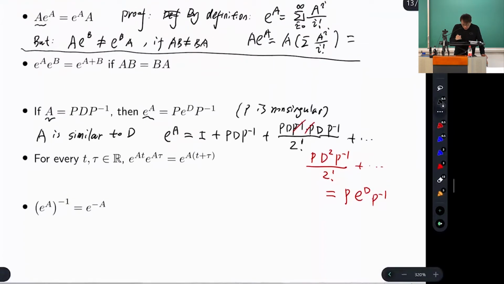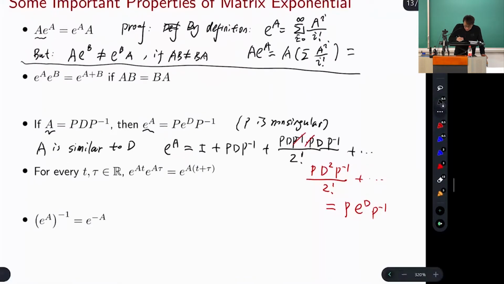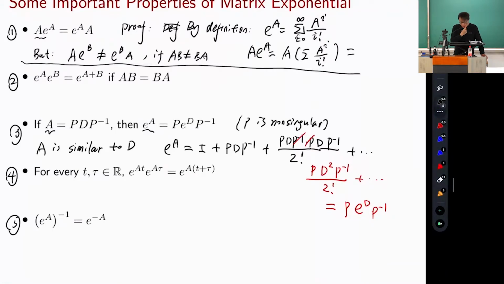Let's call these 1, 2, 3, 4, and 5. 1 and 3 are pretty simple. 4 and 5 are both a simple application of property 2.